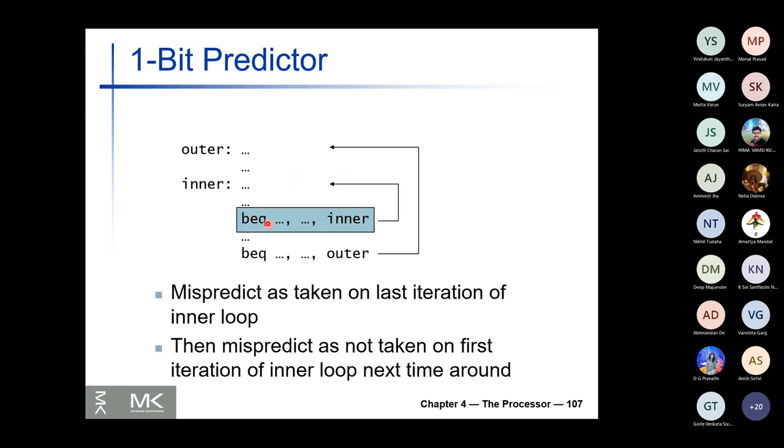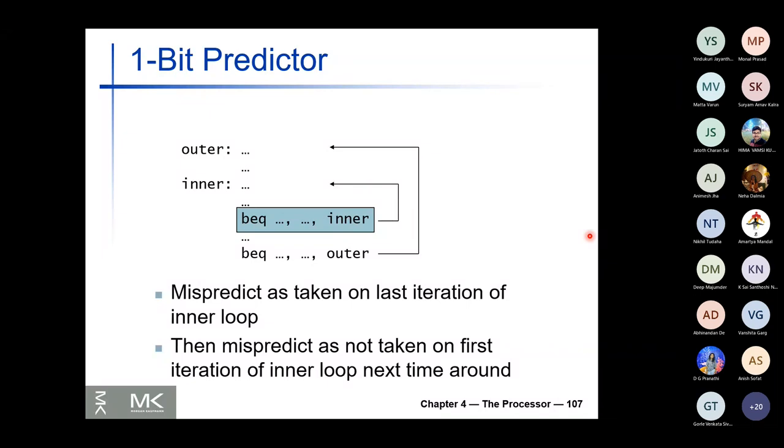We are assuming that there is only one branch instruction at the end of each loop. So if the bit is 0, the branch is not taken. If it is 1, the branch is taken.